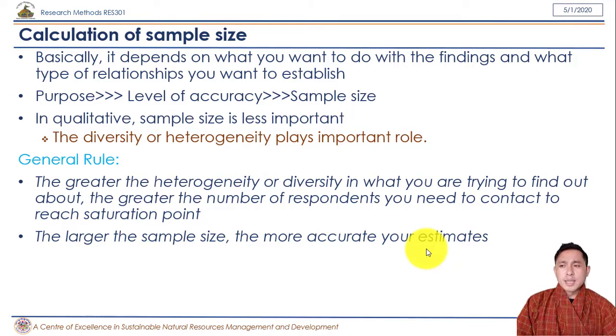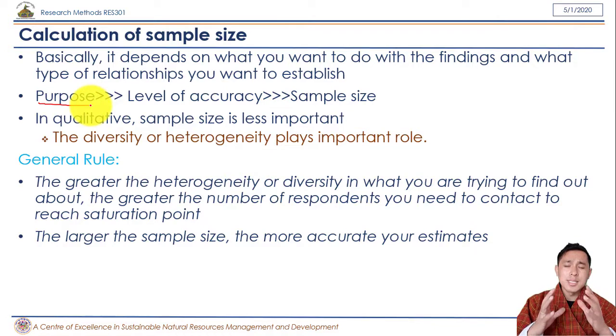Whenever you're dealing with the sample size, what you really need to look at is the purpose. So sample size really depends on the purpose that we are undertaking. If our purpose is something that really needs high accuracy, then our sample size should be high.